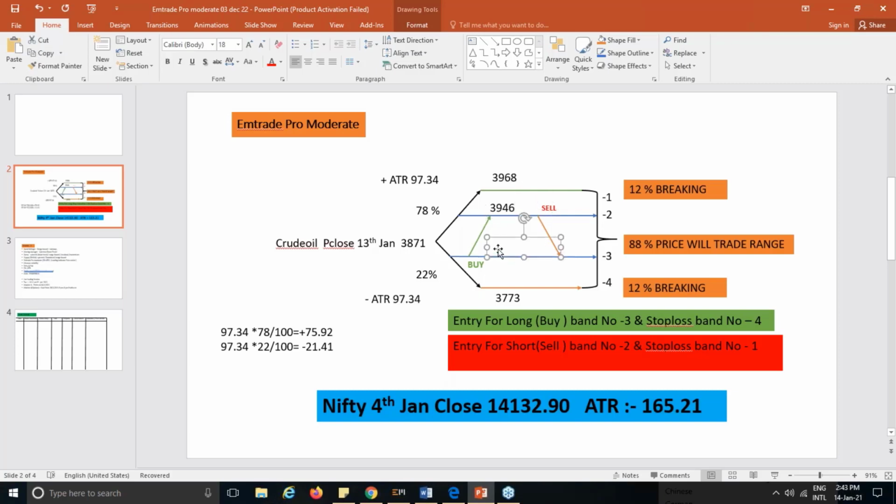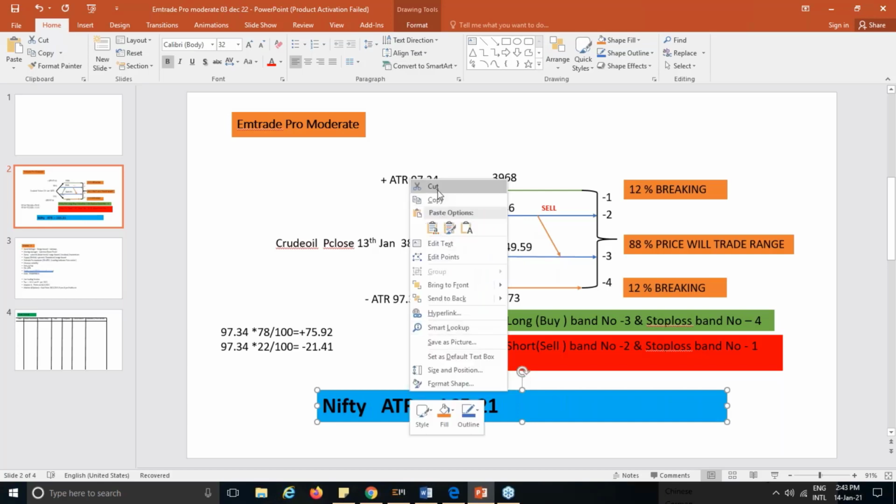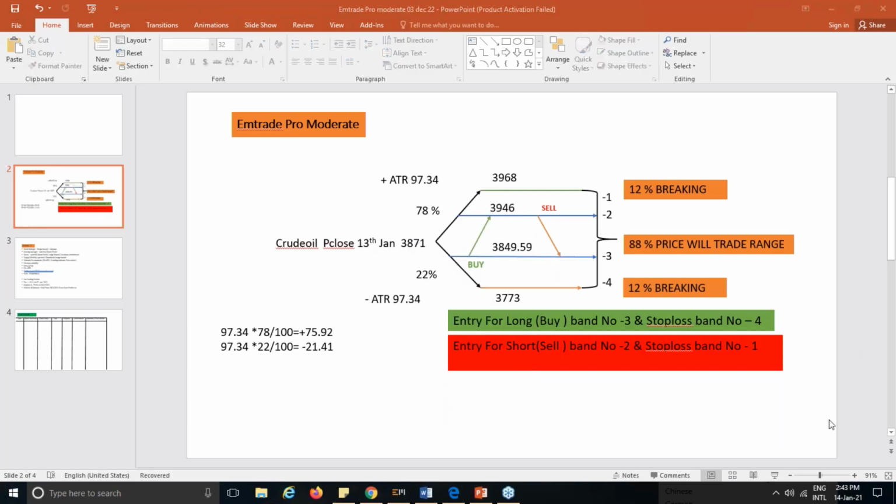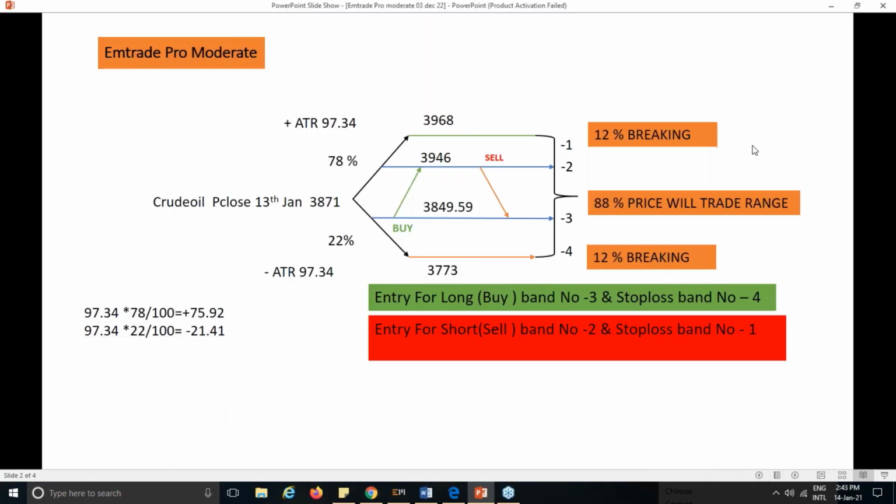The second layer: 3,871 minus 21.41 is equal to 3,849.59. So with the help of this tool, we can easily identify the maximum your price can reach.